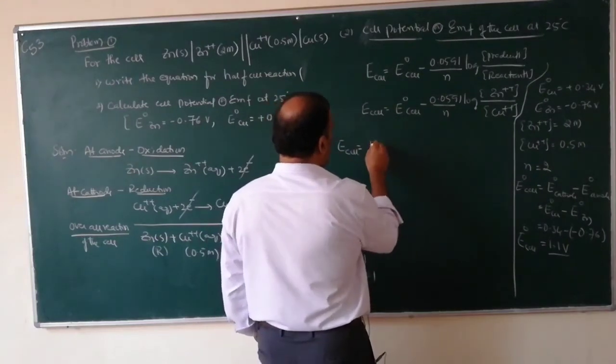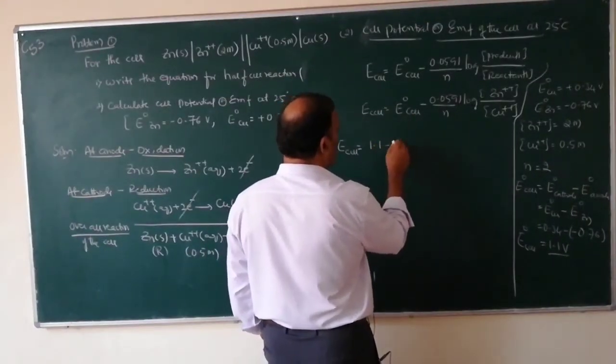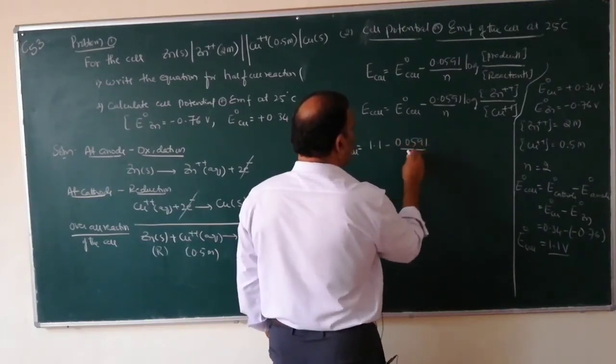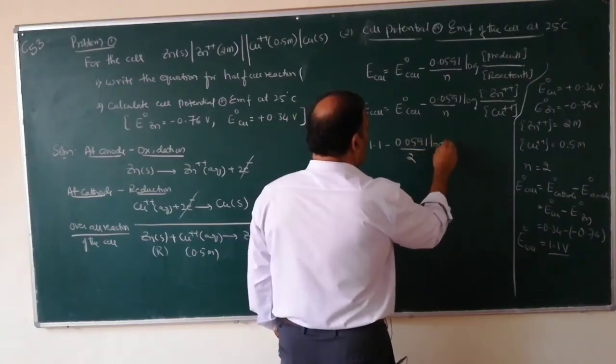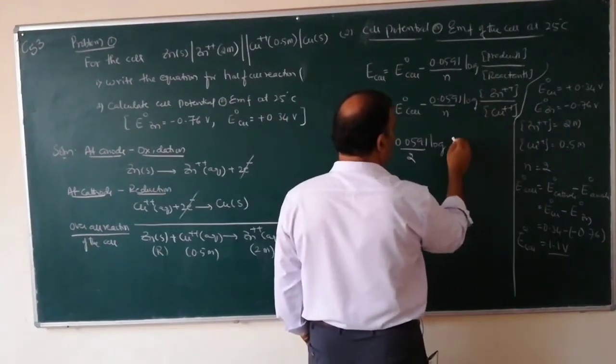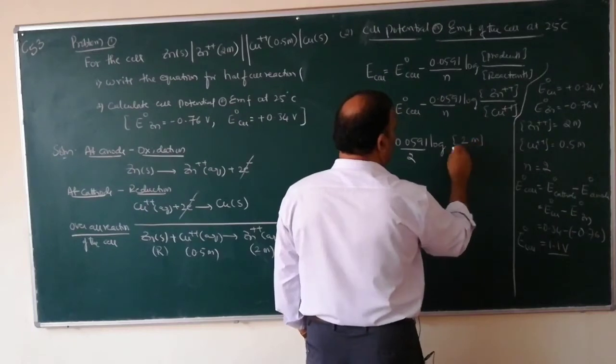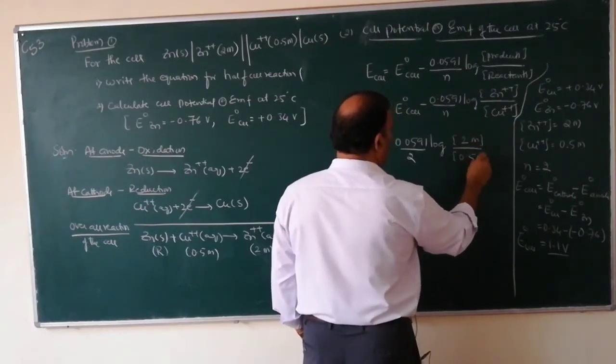Then what is E cell? E naught cell is 1.1 volt minus 0.0591 divided by 2 log of the concentration of Zn2+, which is 2 moles, divided by 0.5 moles.